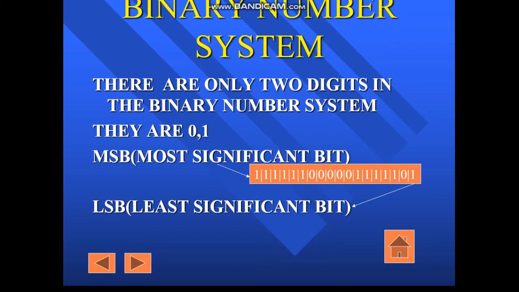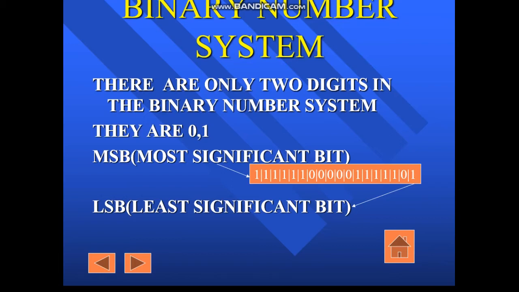As in the example 11100011101, that is the way of representing a number, and that number is known as a binary number. As the word binary means two, there are only two digits. So that is the binary number system.